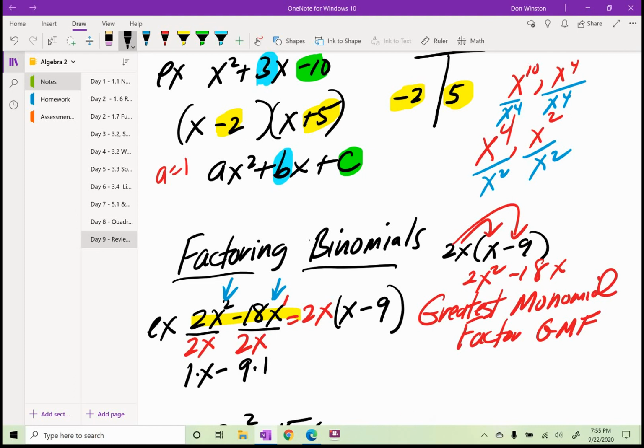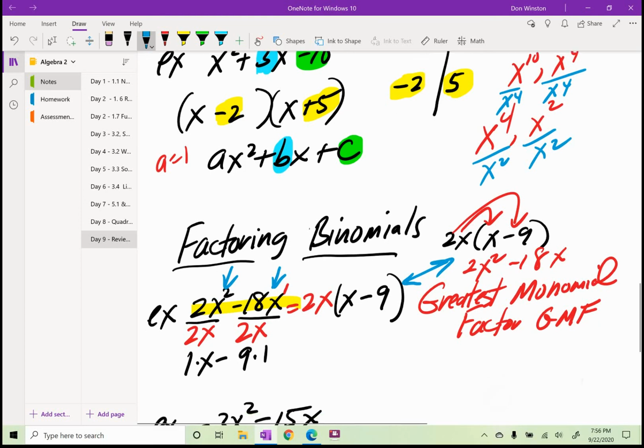And there we go, it's factored. 2x squared minus 18x is equal to 2x times x minus 9. See, I told you, factoring is the reverse of distributing or multiplying. And then we'll look at one more problem and we'll call it a day.